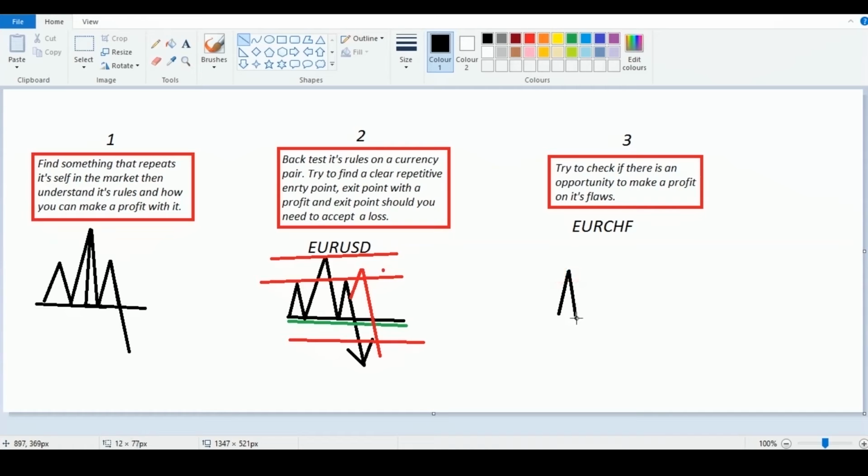It'll form the first head, the first shoulder, the second shoulder, and then it'll form the third shoulder, and then it'll break out to trigger you into the market and then shoot back up, but it never really passes the head.